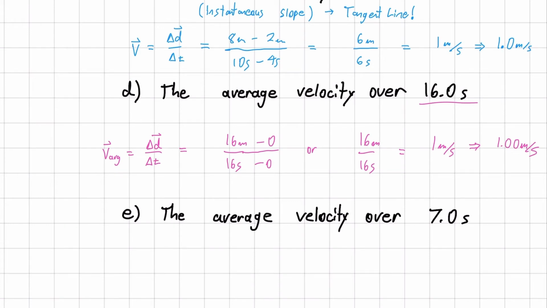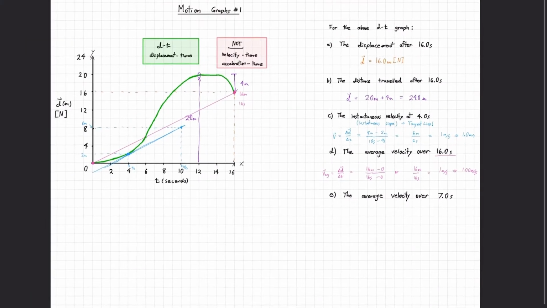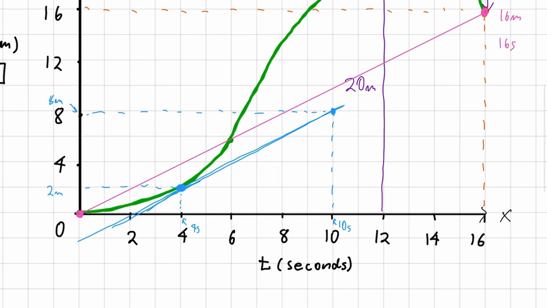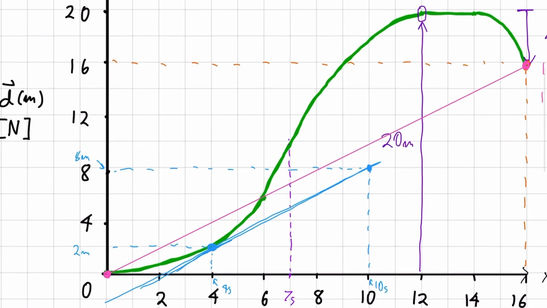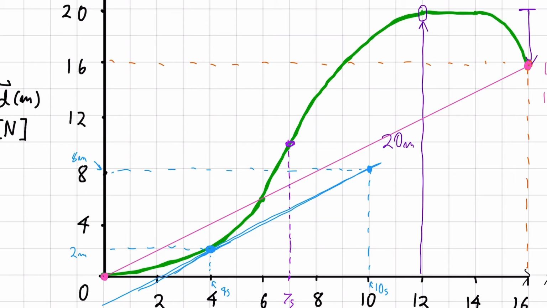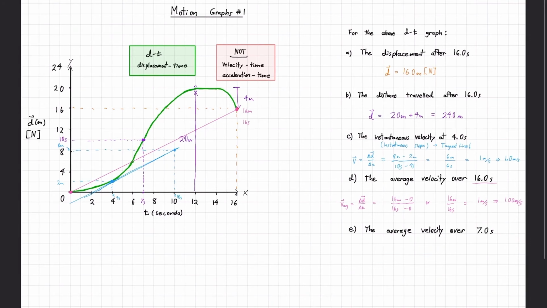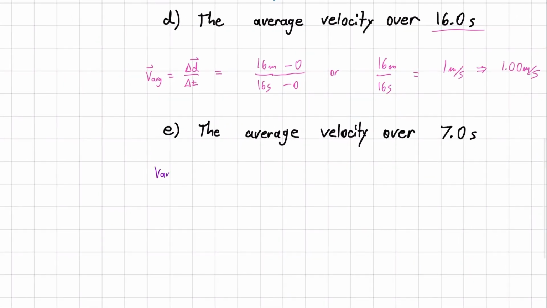Average velocity over 7 seconds. This one's going to be a little bit trickier because we're going to have to go in between our lines here. So how many seconds? 7 seconds. That's right here. And we're just going to follow up until we reach the green line. There's our spot. Now read it across. It's at 10 meters. Once again, the formula is the same. Now we have 10 meters. We did it in 7 seconds.